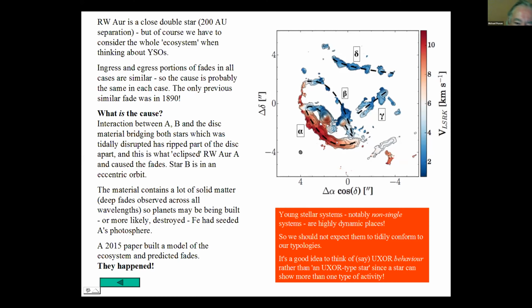So again, it's anyone's guess what's actually going on there. And we think this big arc of material, you can see how big it is, has probably eclipsed the main star, which has given rise to these deep fades. And also the fades have been observed across wavelengths.